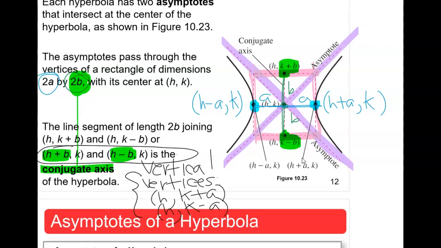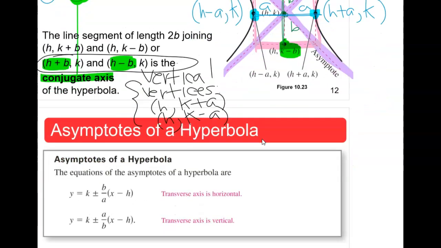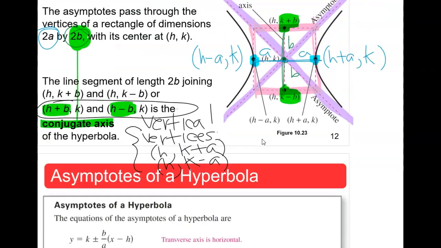So all those little formulas are going to be so important when you do your homework. And the homework is not too difficult, but you do need to have an understanding of what the formulas are and what they represent. So how do we find the exact asymptotes?